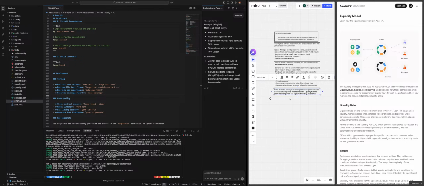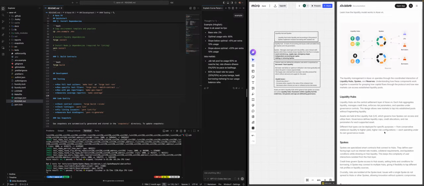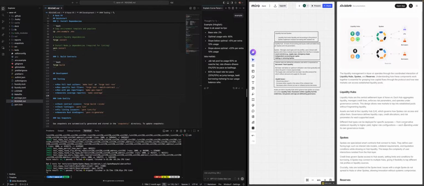Fair enough. Different hubs can be deployed for specific purposes, from conservative stablecoin liquidity to higher yield, higher risk configuration.